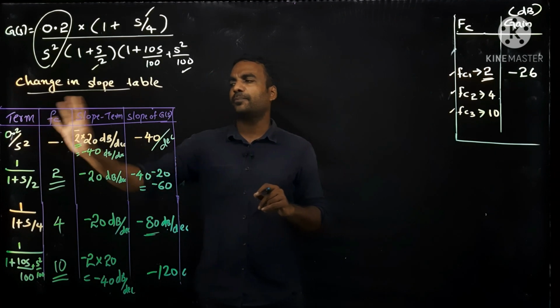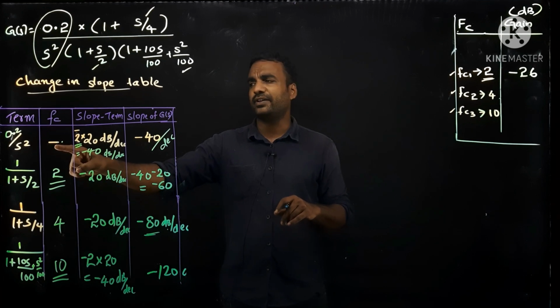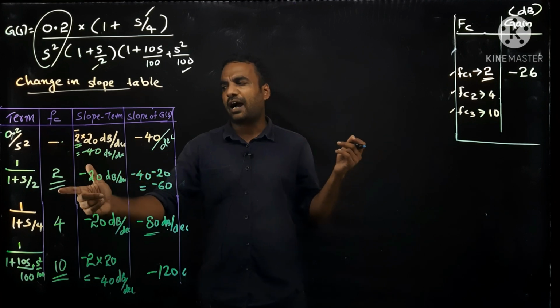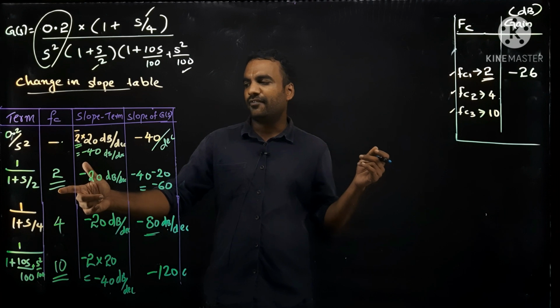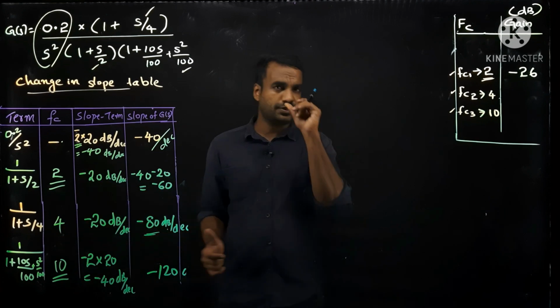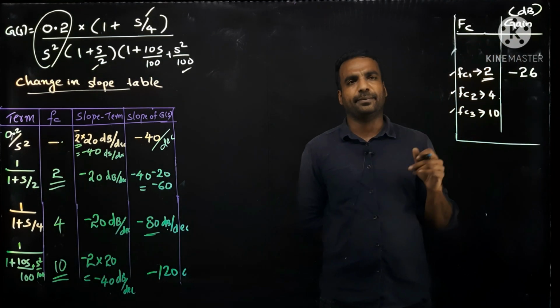So we identified 0.2 by s square. It does not have any corner frequency, so corner frequency is not applicable. Consider it as a 0 corner frequency. After that, in ascending order, first corner frequency 2, second corner frequency 4, third corner frequency 10. Now I am coming to a gain table.